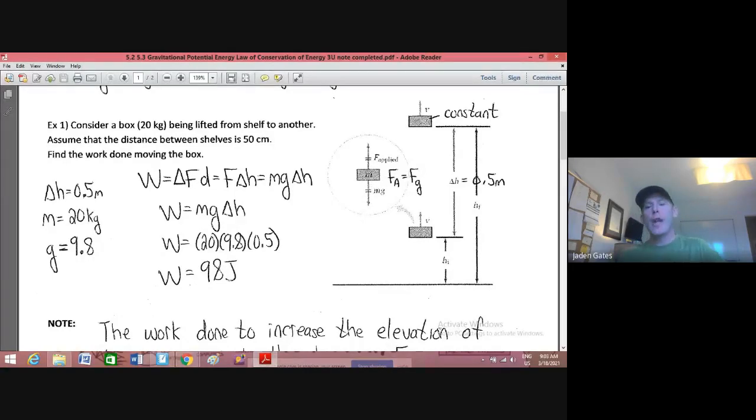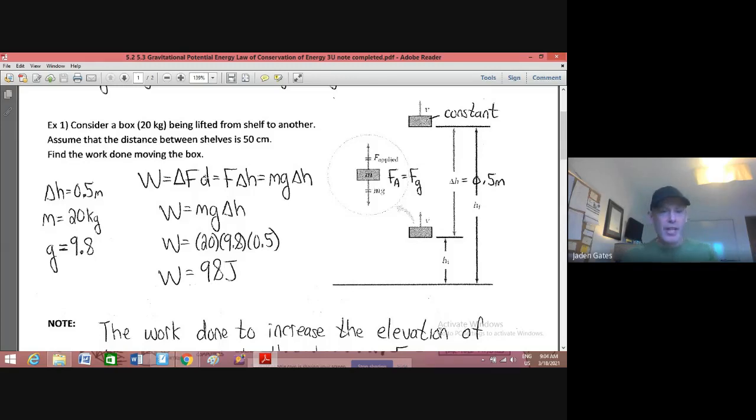To move it at a constant velocity, we need a net force of 0. That means our applied force and the force of gravity are equal in magnitude, but of course opposite in direction. So I can replace my force in this F times D with mg, mass times gravity, because that's the force of gravity.